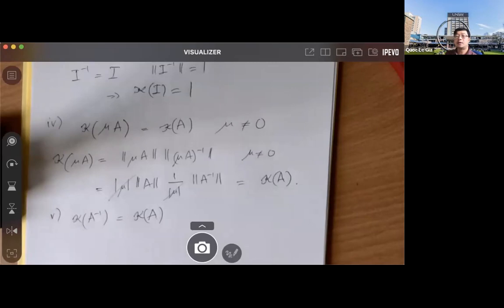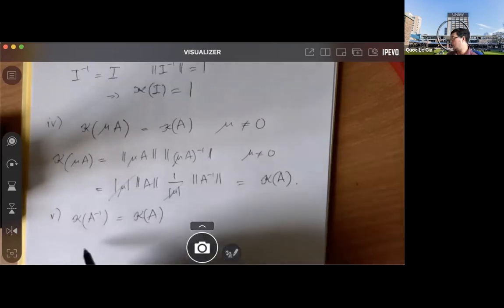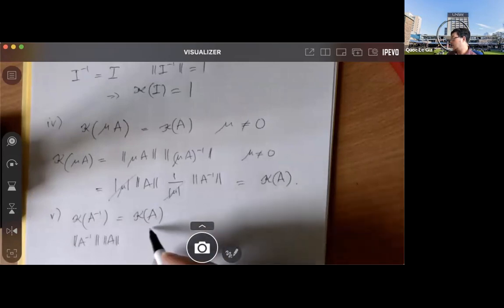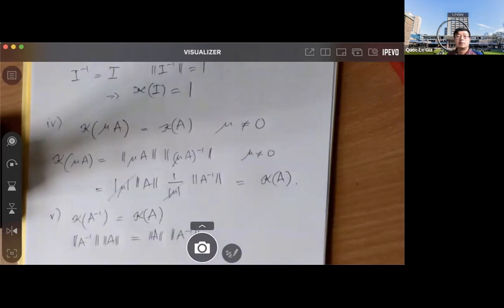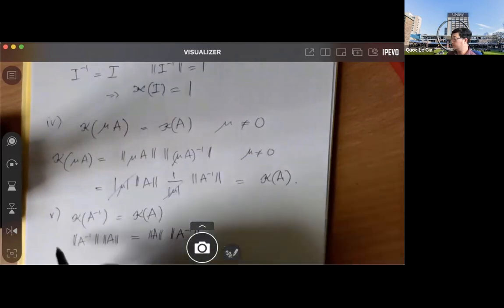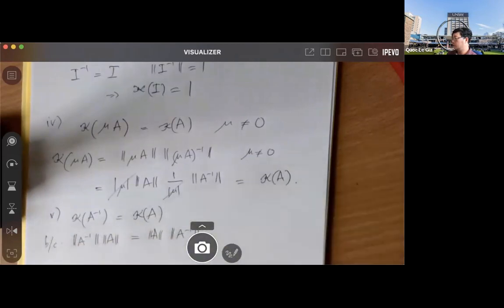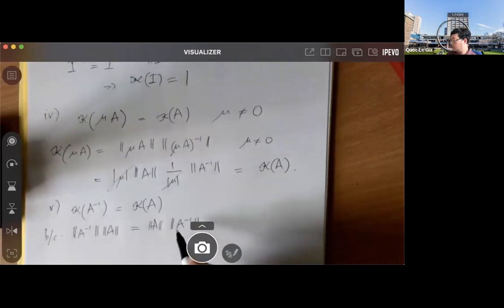Yeah, the expressions are the same, you just swap, yes, exactly. So this one is just the norm of A inverse times the norm of A, and this one is just the norm of A times the norm of A inverse. I assume that A inverse exists. So that is how you prove it.